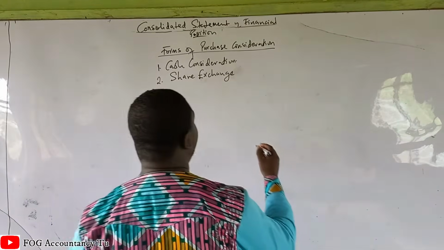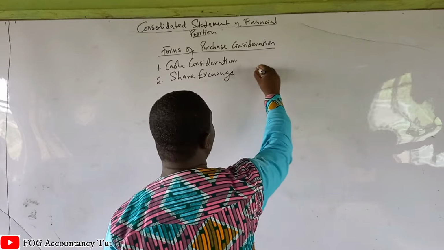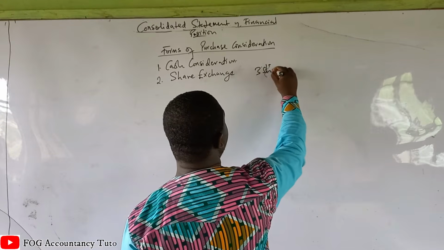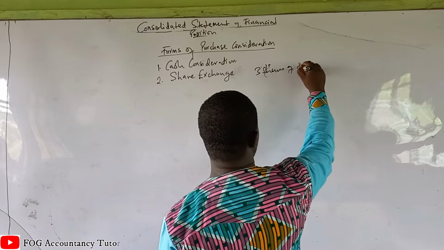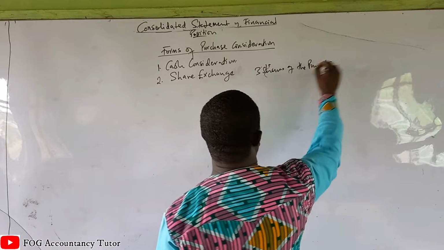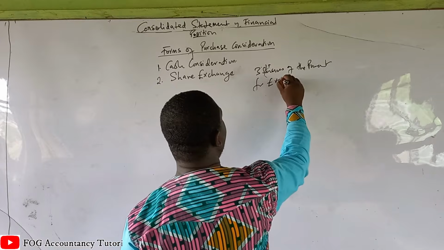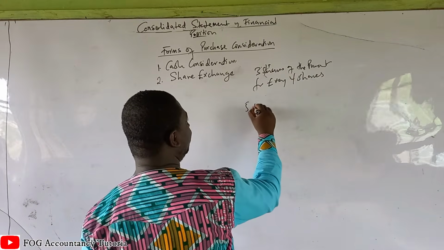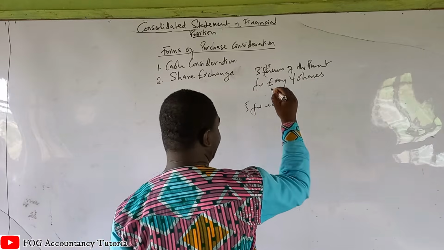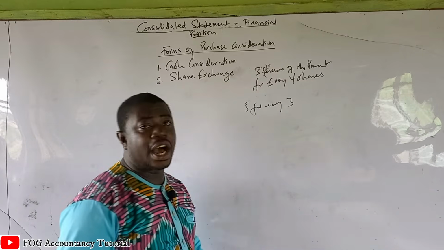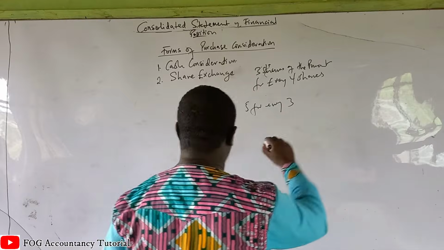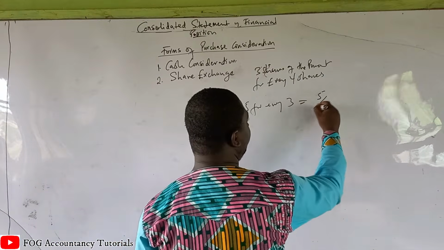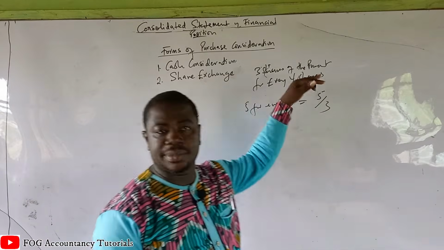You can see something like 3 for every 4 shares, or 5 for every 3. No matter how you see it, if you see 3 for every 4, it is 3 over 4. If you see 5 for every 3, it's 5 over 3. In other words, the first one comes up first.